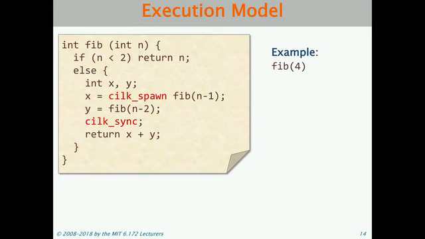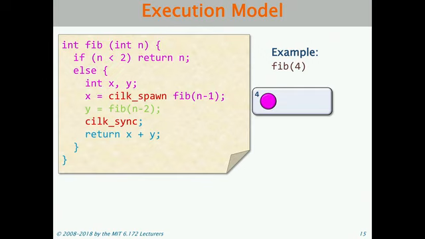Let's now look at what a call to fib of 4 looks like. So here I've color-coded the different lines of code so that I can refer to them when I'm drawing this computation graph. So now I'm going to draw this computation graph corresponding to how the computation unfolds during execution.